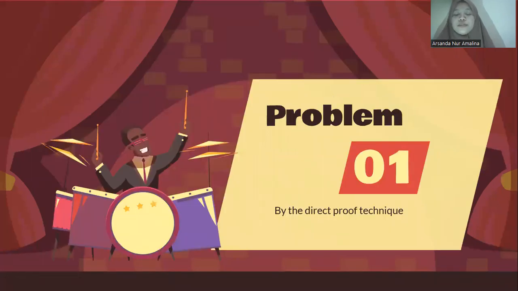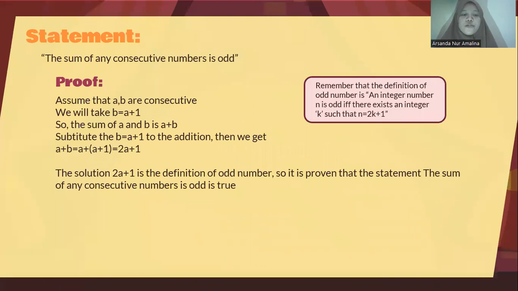Next, we are going to discuss the first problem using the direct proof technique. We have the statement: the sum of any consecutive numbers is odd. We are going to prove it by the direct proof technique. Assume that A and B are consecutive.